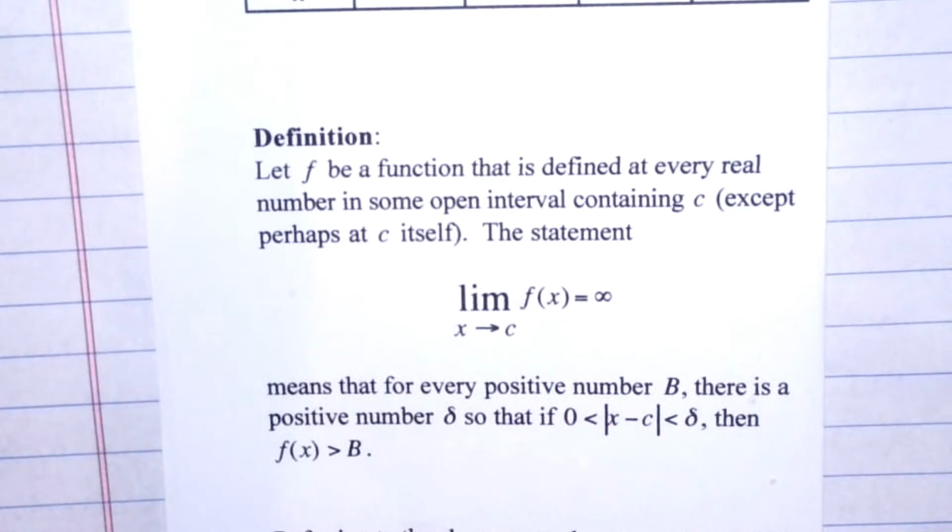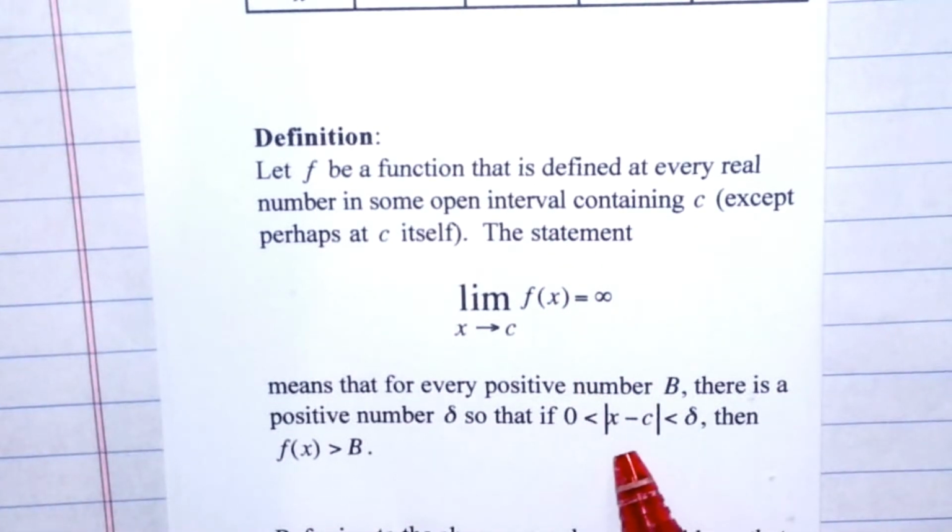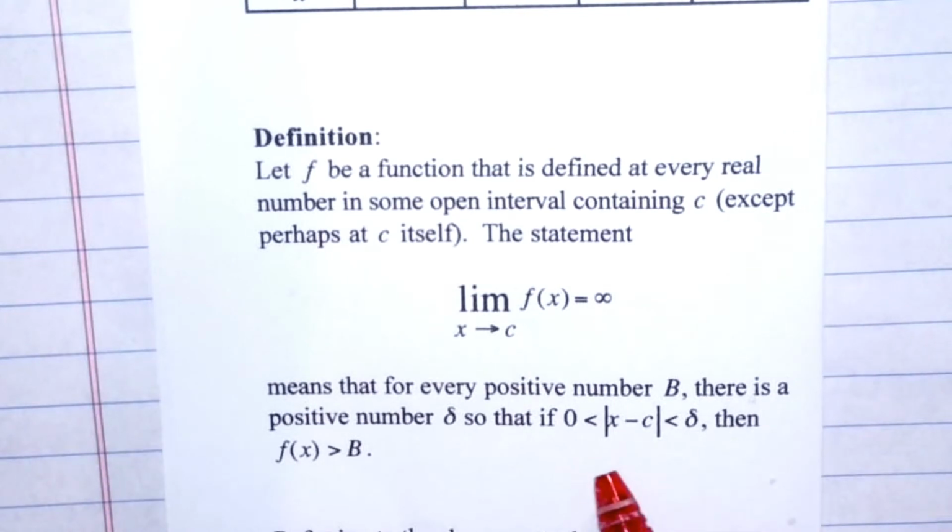For every big positive number b, there is a positive number delta, so that if the distance between x and c is less than delta, but not 0, so in other words, if x is sufficiently close to c, then f of x is bigger than that big number. What it's saying is we can make f of x as large as we want, arbitrarily large even, by choosing x close enough to c.